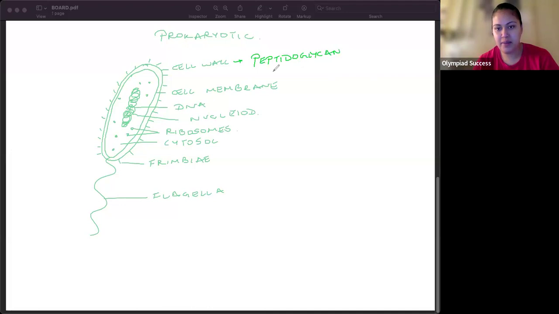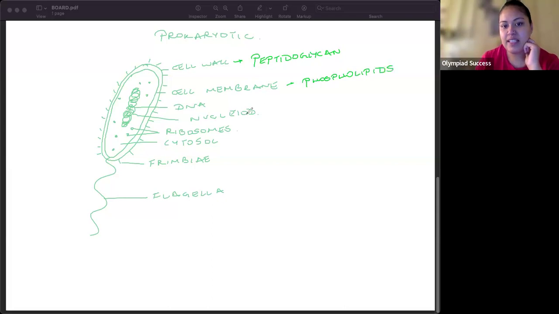Peptidoglycan means, peptido means protein and glycan means glucose or sugars or carbohydrates. So it's a mixture of both proteins and carbohydrates. Cell membrane is the same as in all eukaryotic cells. Cell membrane is universal, so it's a phospholipid layer. This we'll discuss in detail. So phospholipid bilayer and proteins.